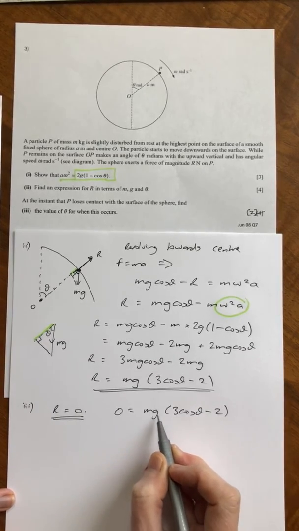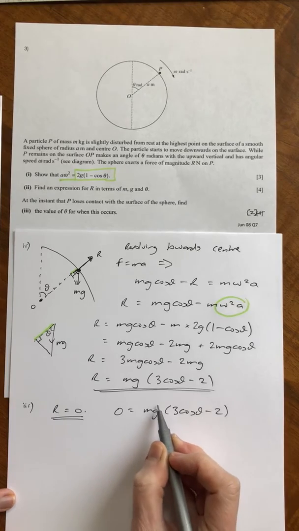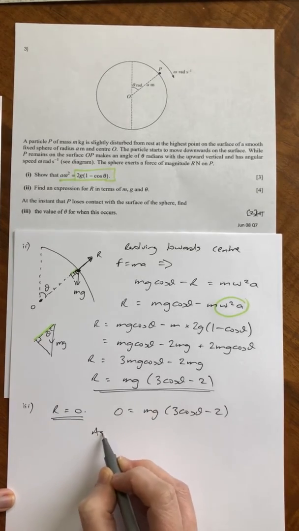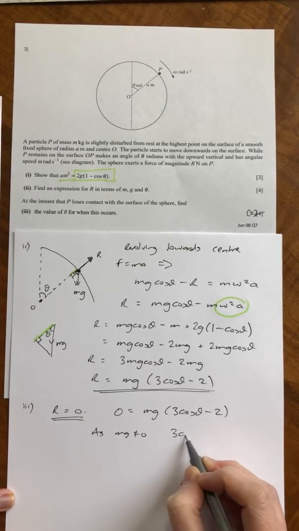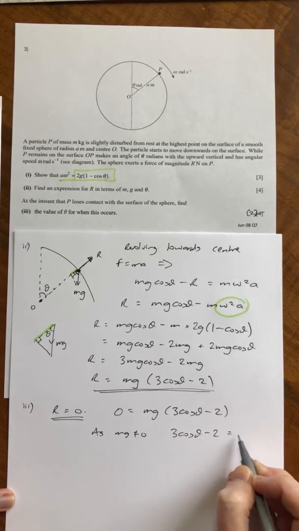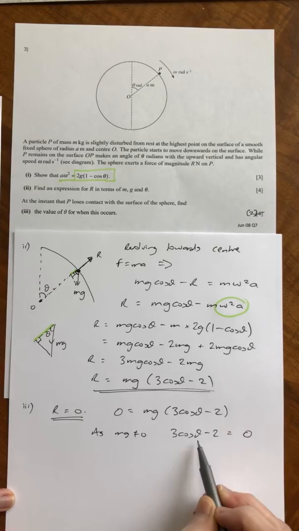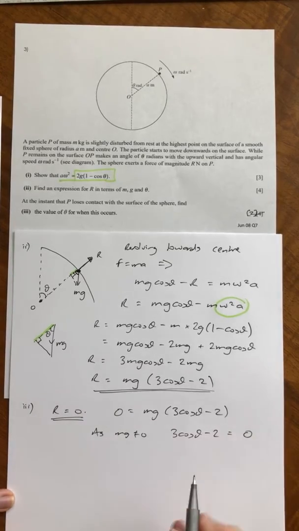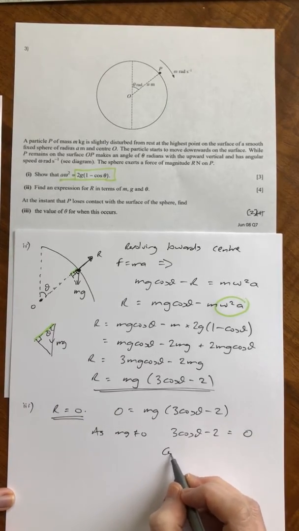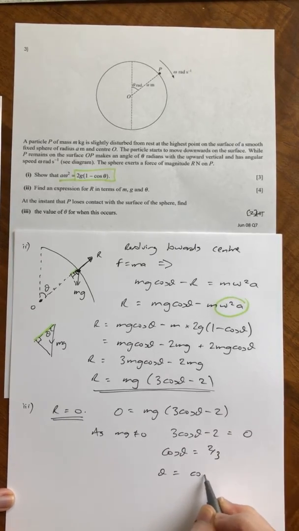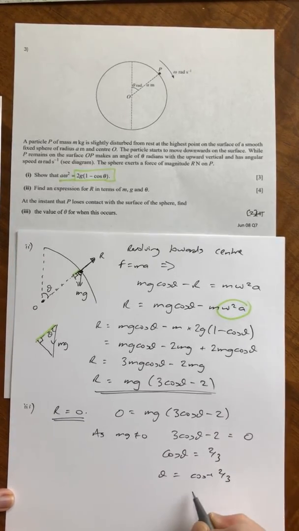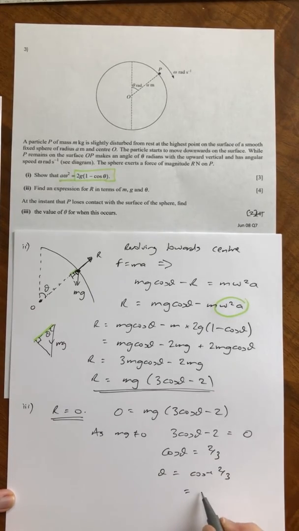It, of course, has mass. g is 9.8, so that cannot be 0. So we need to consider the trigonometric thing, because we need to work out an angle. So we need to solve that. Cos theta is 2/3. Theta is equal to inverse cos 2/3, and that is 48.2 degrees.